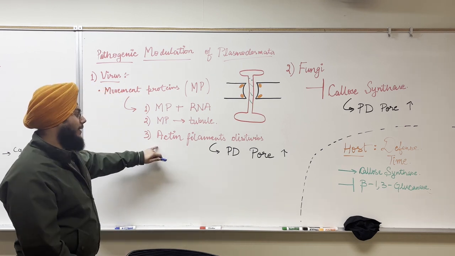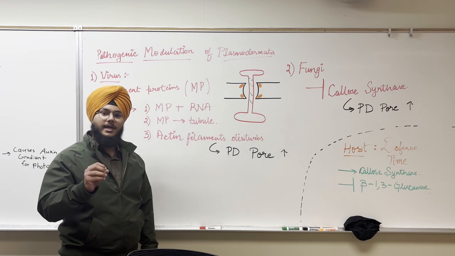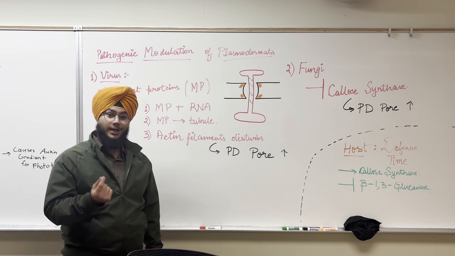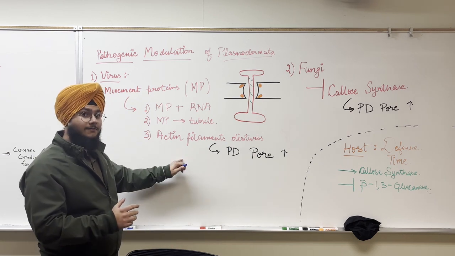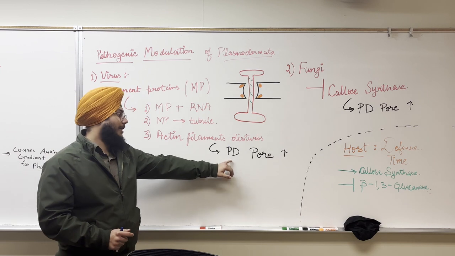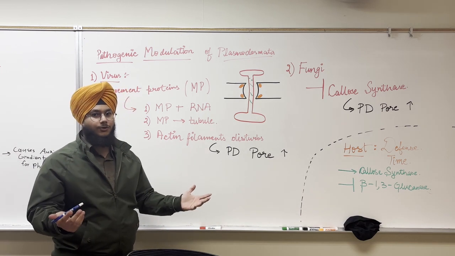And the third way, which is one of the most important ways to understand, is that they can alter the architecture of the plasmodesmata. They disturb the actin filaments, and when actin filaments are disturbed, the plasmodesmata pore size increases, and once it increases, the virus can go through.